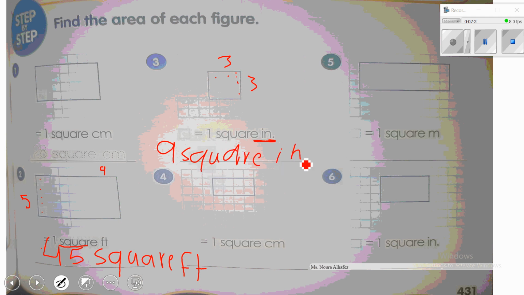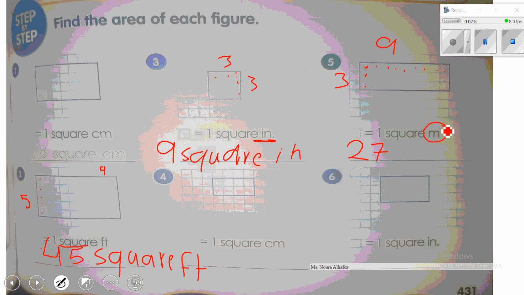In this lesson, they are focusing on the unit. The unit could be centimeter, inches, and how I write the unit for the area. Here is 5, 1, 2, 3, 4, 5, 6, 7, 8, 9. And here is 1, 2, 3, 9 times 3. Yes, excellent, 27. What's the unit here?